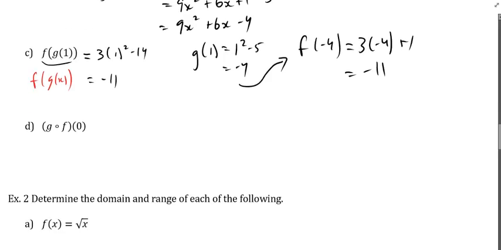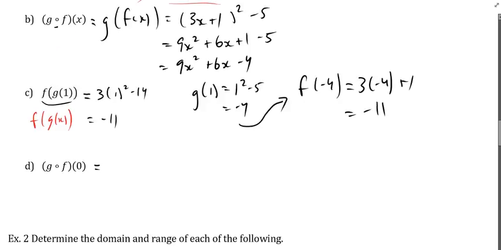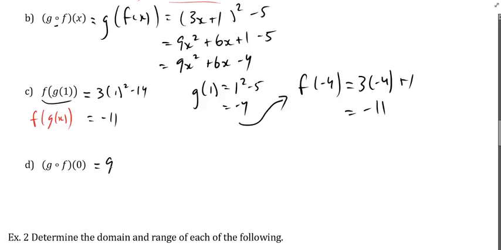Okay, anyway, so try D. -4. Math was pretty easy there.